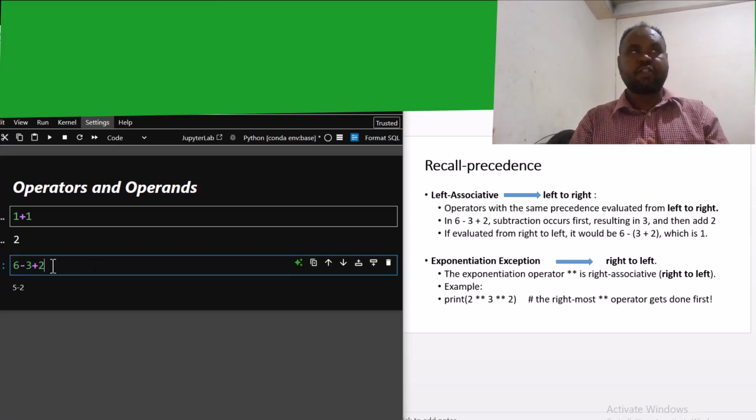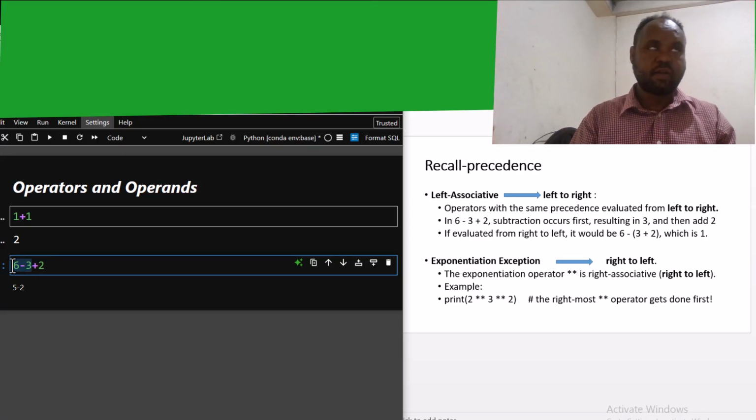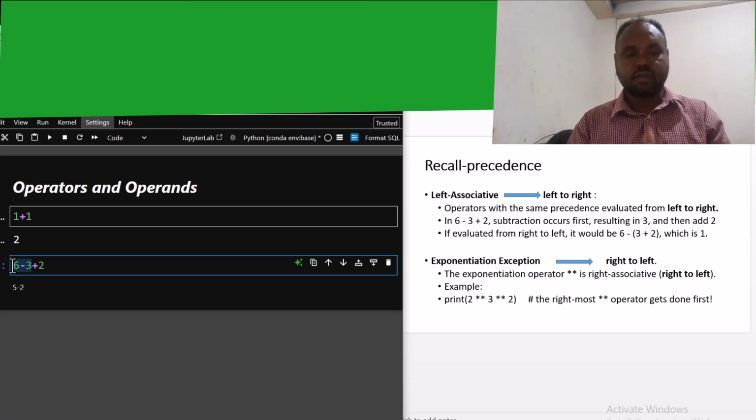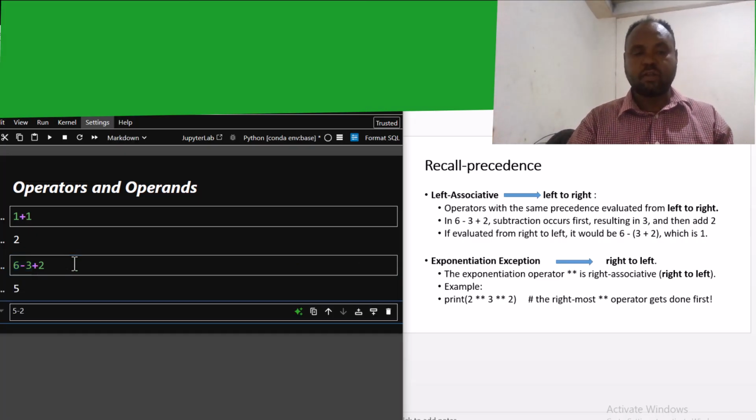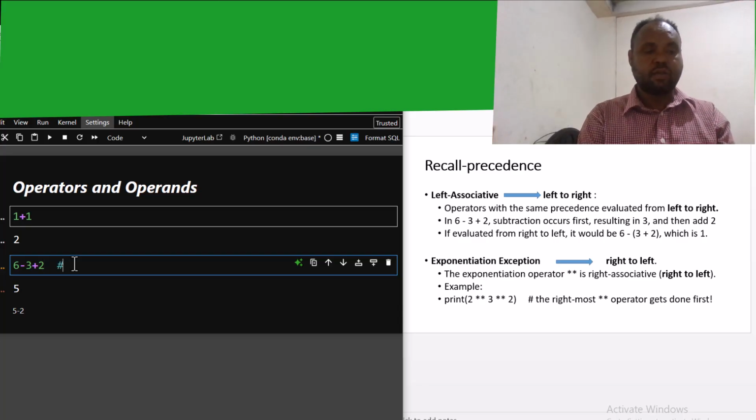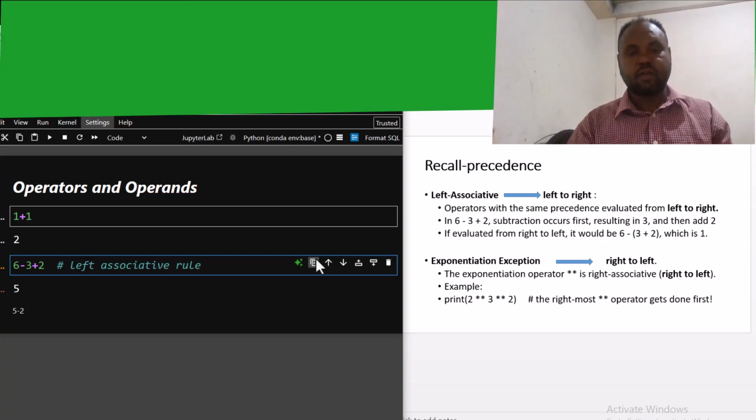We don't know which should come first, but as a rule of thumb, we follow the left associative rule, meaning from left to right, because addition and subtraction have the same precedence in an expression. Therefore, we evaluate this one first. 6 minus 3 is 3, 3 plus 2 is 5, right? This is using the left associative rule.